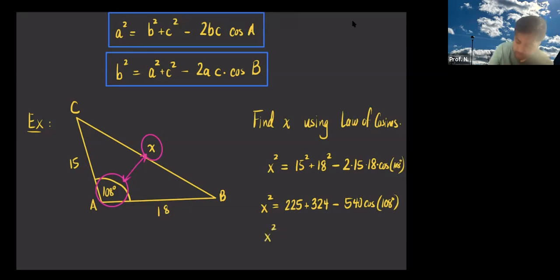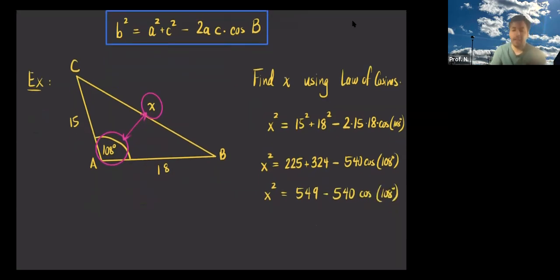So I just want to also be mindful, okay? A lot of people make this mistake. You know what mistake they make? After they get this, they do 549 minus 540. Don't do that. This is a common mistake.